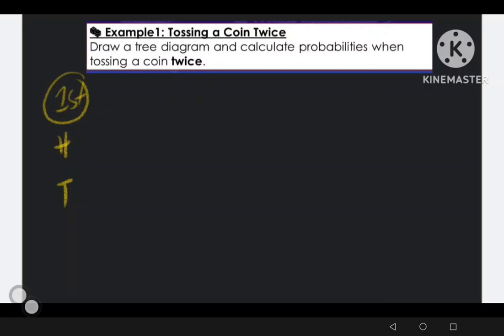Of course, we have two outcomes. What's the probability of getting a head? We have one head and two outcomes, so 1/2.